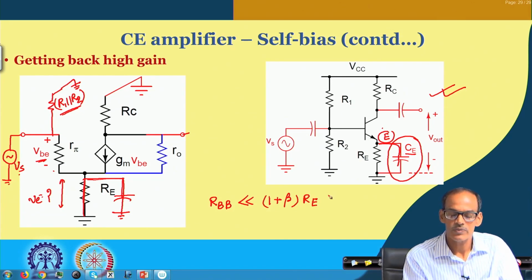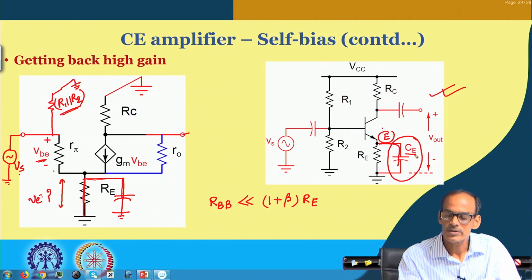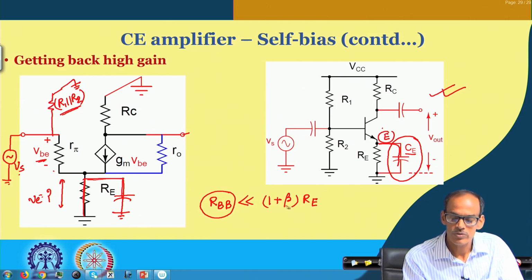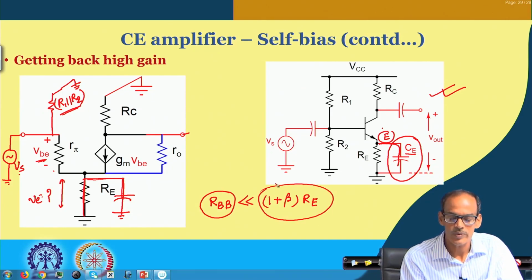That is the basic difference that remains even after connecting this CE, that RBB should be very small compared to this one.